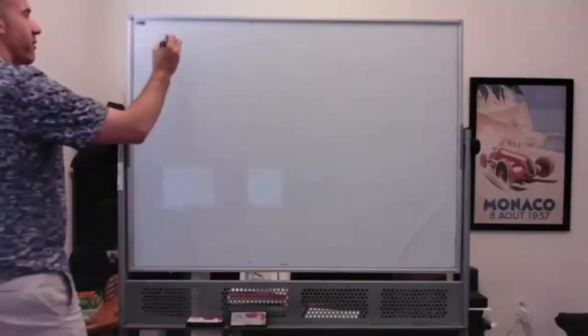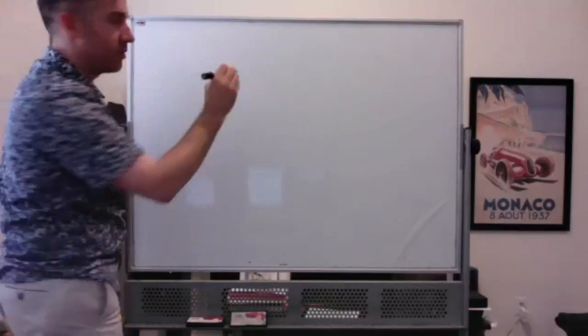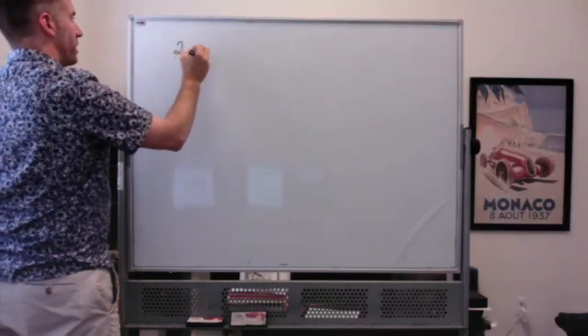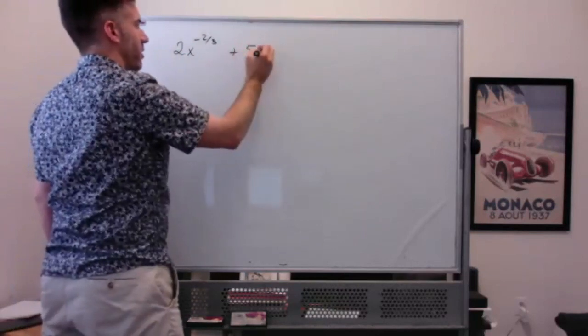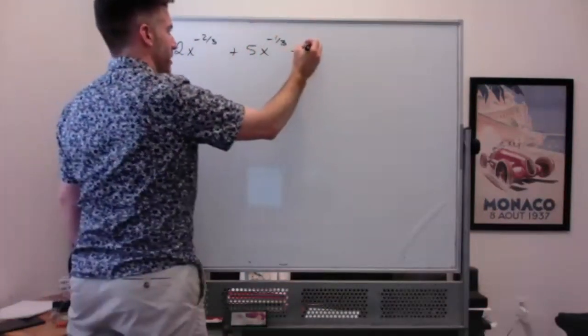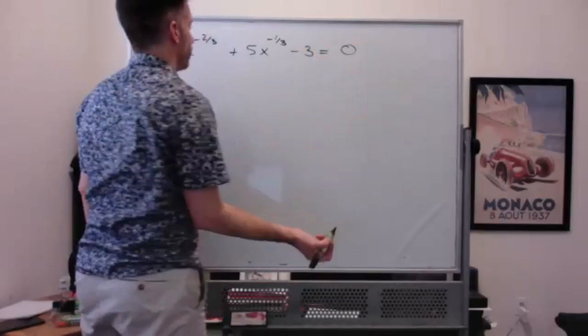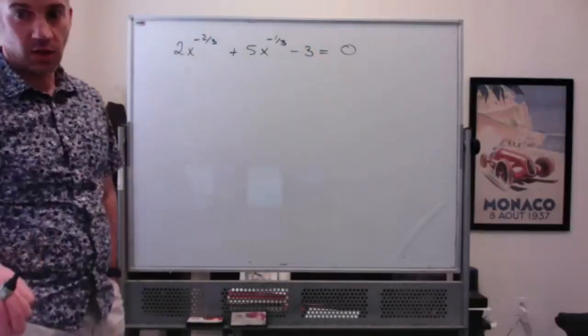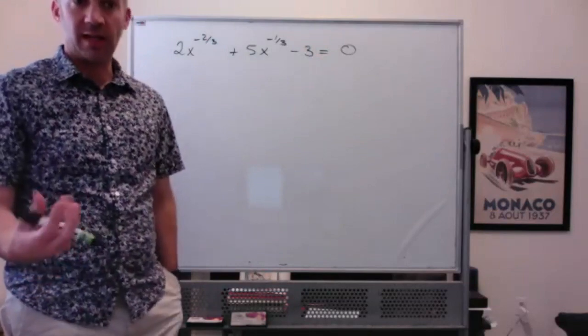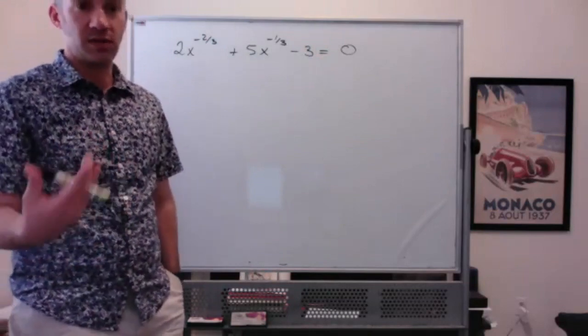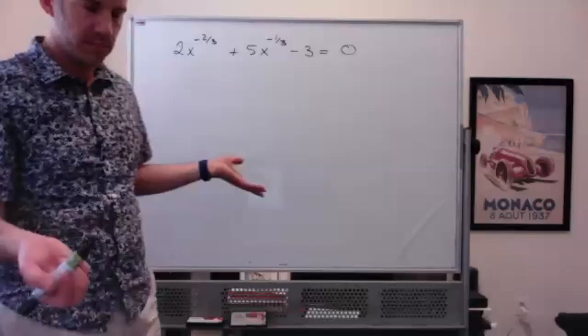I want to solve 2x to the -2/3 plus 5x to the -1/3 minus 3 equal to 0. Okay, so here is where the thing I was saying about letting u equal the x to the power that's closer to 0 is going to be meaningful.